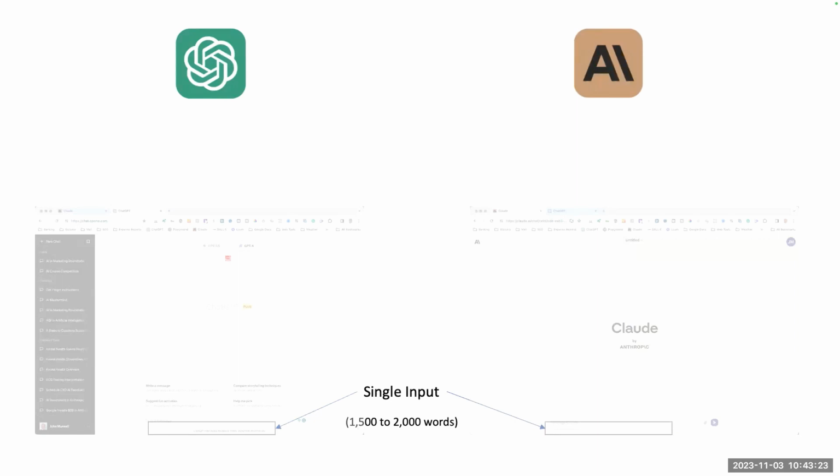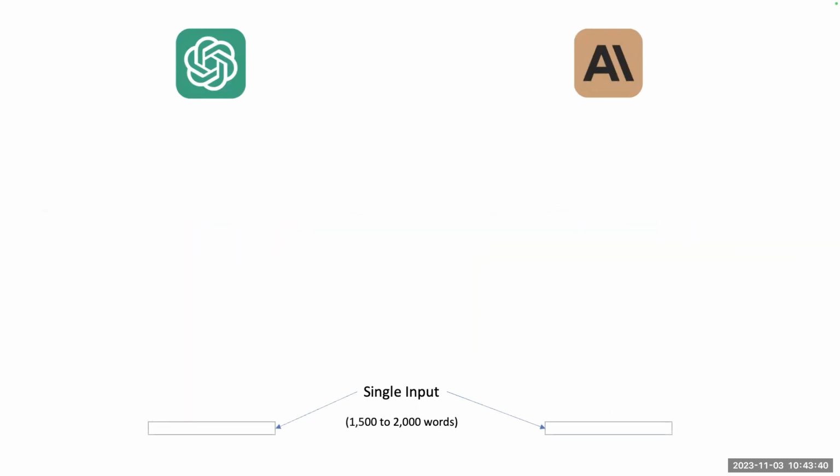ChatGPT has a limit of 1,500 to 2,000 words. Claude, not so much. Claude's got a much bigger capacity. That's what's called a single input limit, and it has to do with tokens, but I'm just translating tokens into words.